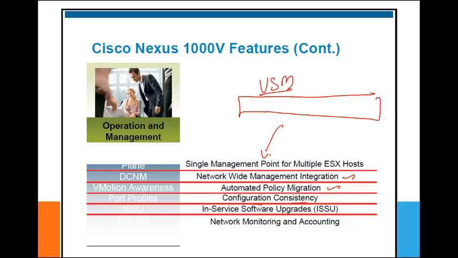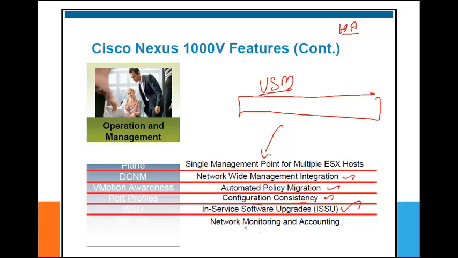So you get consistency all over the virtual access layer. In-service software upgrade is also possible, because there is high availability. If I want to do some upgrade on one of the hardware, I can still do it without disturbing the traffic. I can simply move all the VMs to the other machines and upgrade this machine, and then move everything back to this one and upgrade the other one. So in-service software upgrade is also possible.